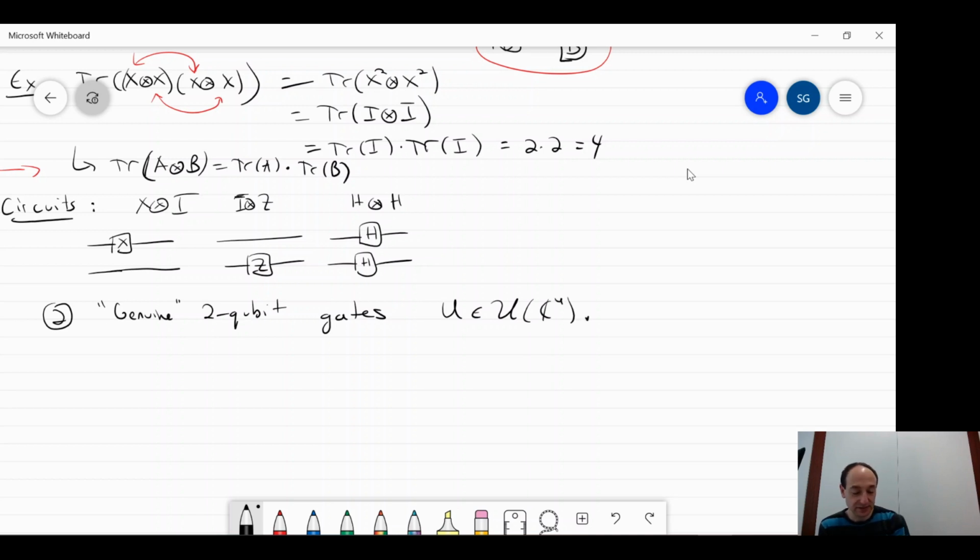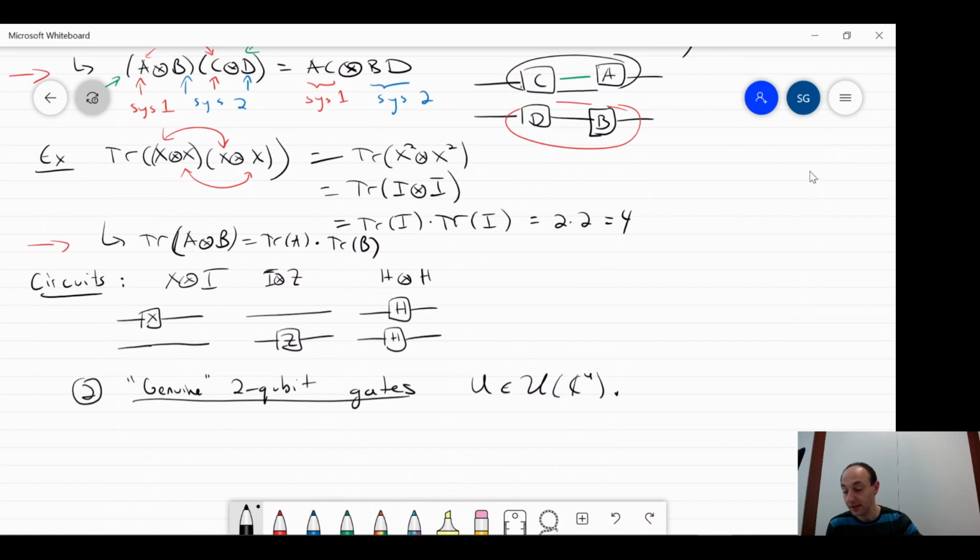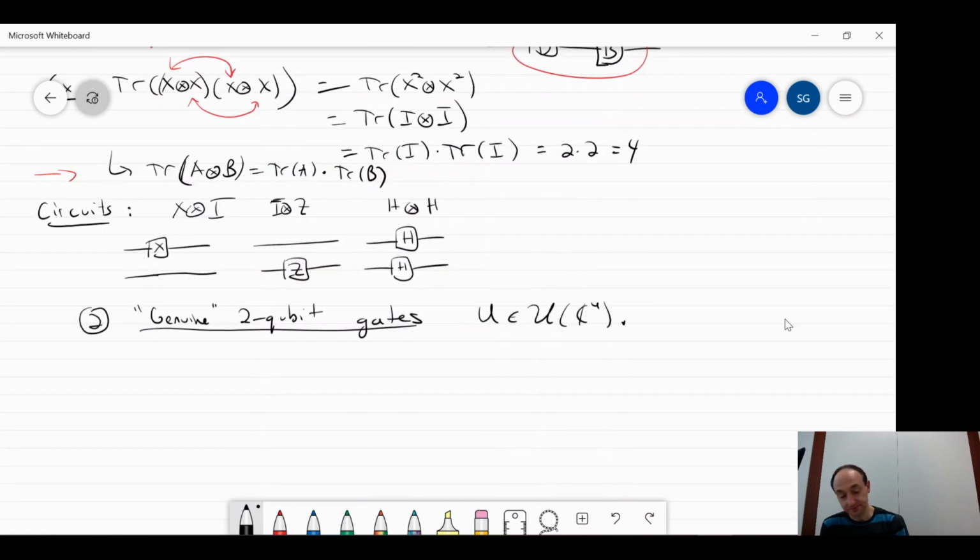The canonical example of this is the CNOT gate, control NOT, also known as the CNOT. Again, all I have to do to specify a linear operator like the CNOT is tell you its action on my favorite basis of choice.